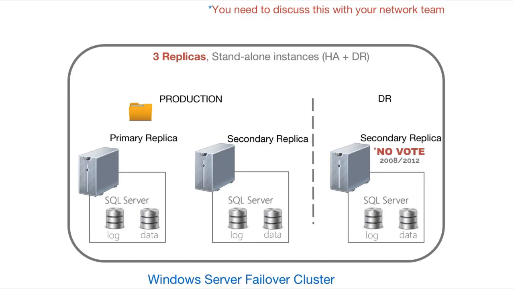When it comes to quorum configuration, it varies depending on the version of the Windows Server failover clustering that you're using. If you're using Windows Server 2008 or Windows Server 2012, the first release, not R2, you would have to remove the vote from that DR node.